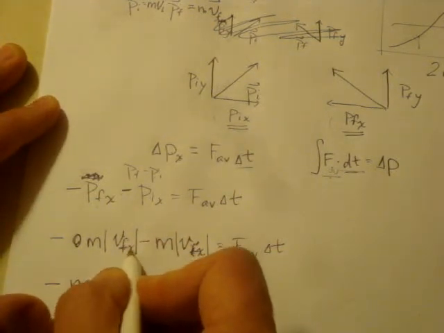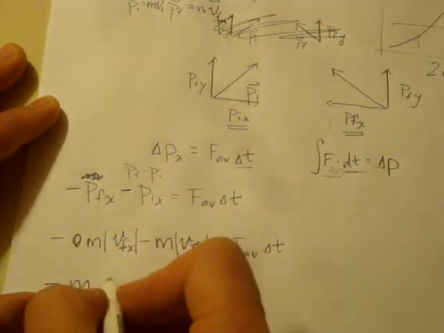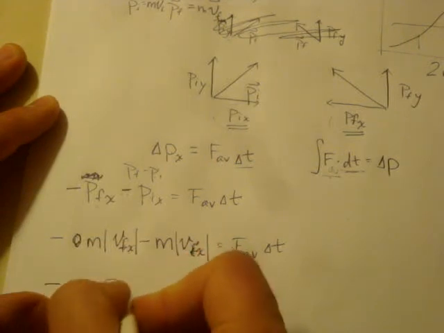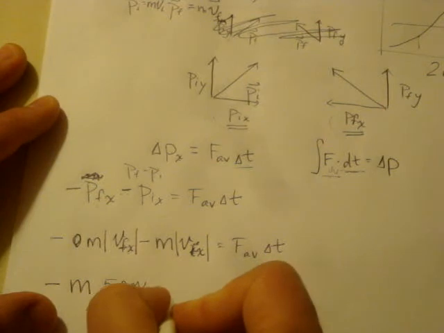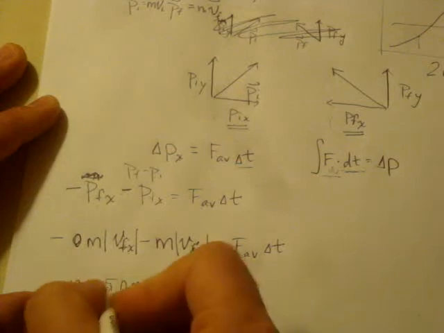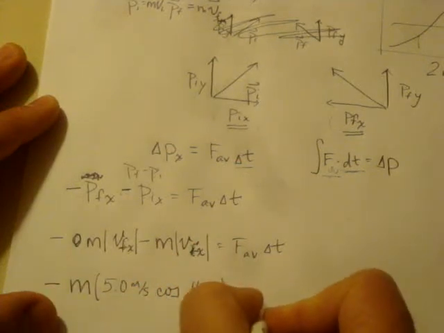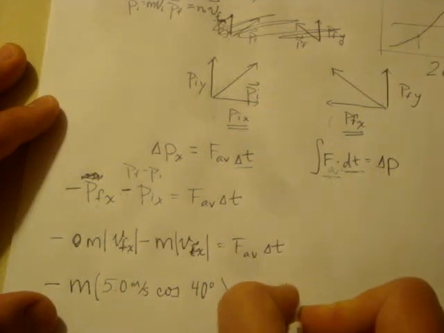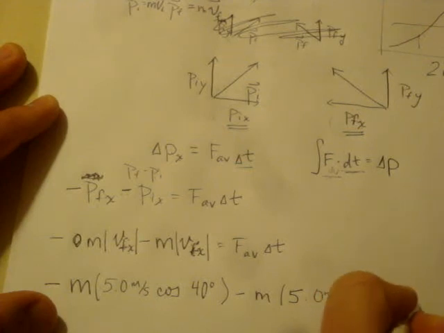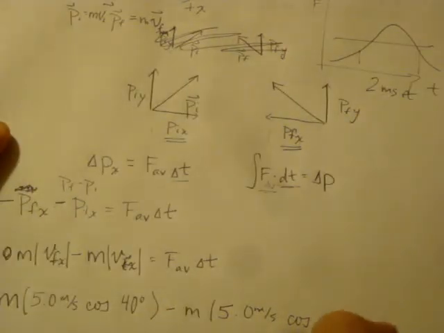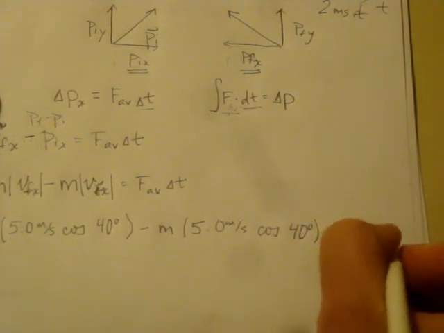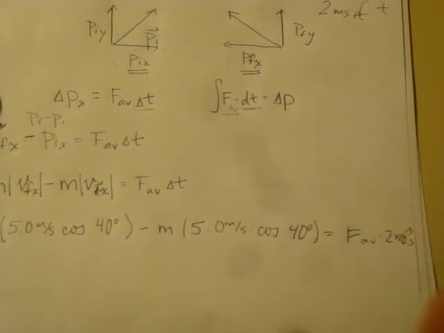So the final x, we're now just looking at the magnitude of that, so that is our final velocity, which is 5 meters per second, times cosine of theta, which is 40 degrees, minus m times 5 meters per second times cosine of 40 degrees, equal to the average force times our change in time, which is 2 times 10 to the negative third seconds.